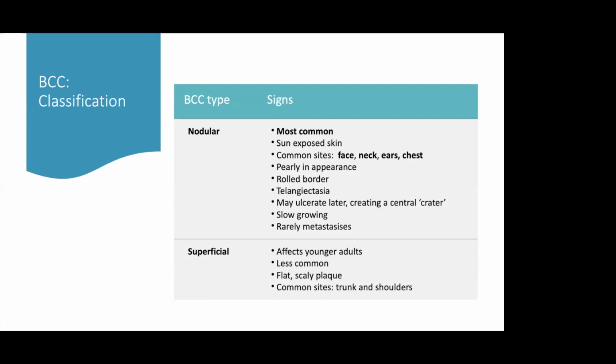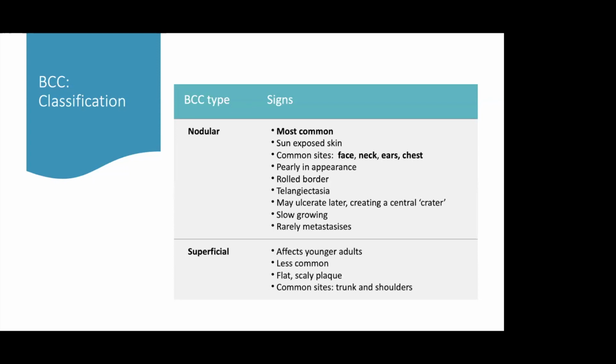These tend to begin as a simple nodule, which then spreads outwards and leaves a central depression, which gives it the appearance of having rolled edges. So lesions typically pearly in colour with rolled edges, and telangiectatic vessels are the most typical lesions you will see for a basal cell carcinoma.